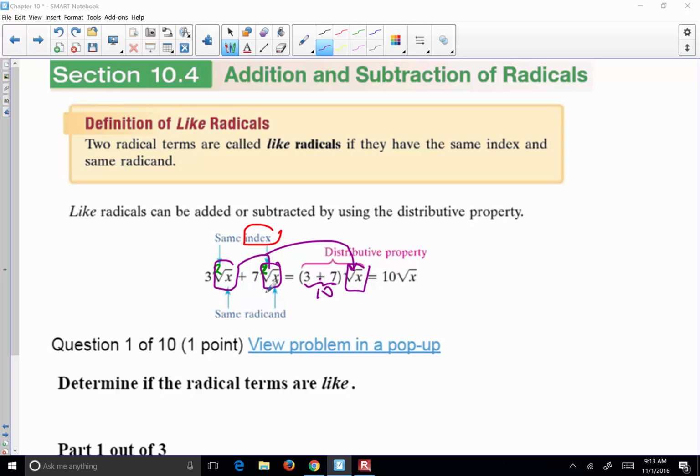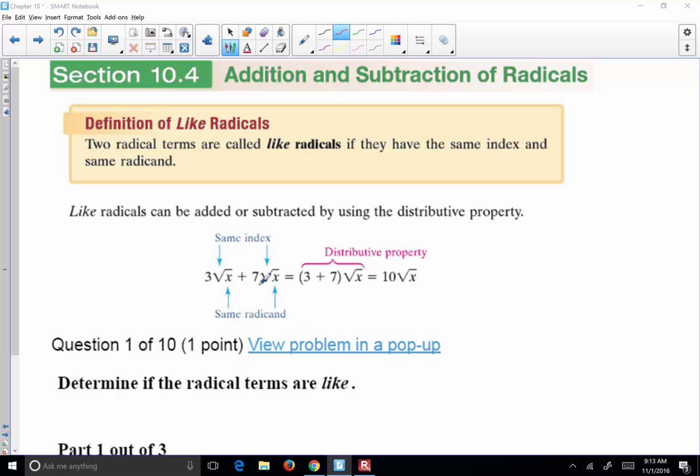So in radical addition, we only add up the numbers in front if the index of the radicals and the radicands, or prisoners, match. That's the case. For example, you couldn't add these up if this would be y. Radicands are not the same, prisoners not the same, you cannot add them.